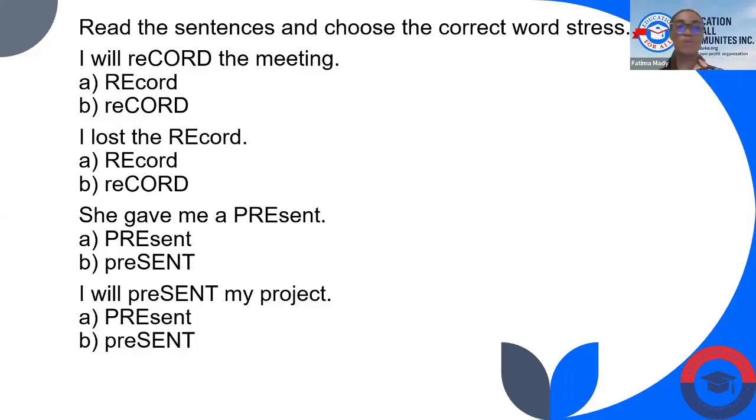Now I have a list of sentences here, and I would like you to tell me which one is correct for the sentences. We have A, record, and B, record. So what is correct for the sentence, A or B? For here I see two words the same, right? Except that one is capital and the second one is lowercase, right?